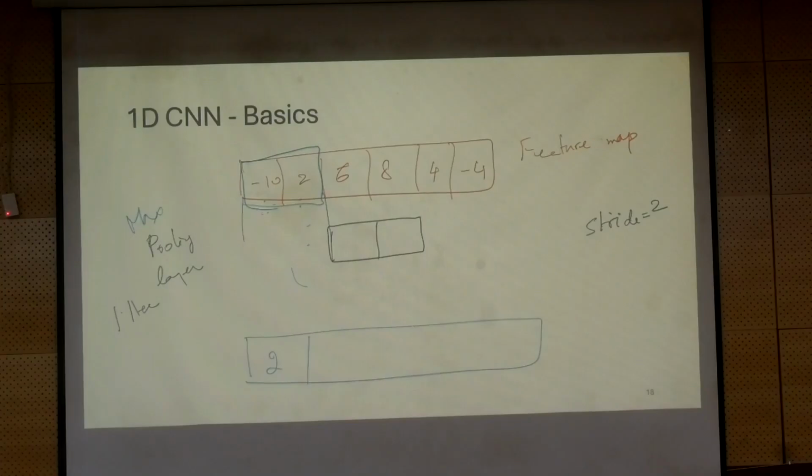So I want you to understand what stride equal to 2 is: your filter has moved by 2 samples. Again you will do the maximum operation. Between these 2, what is the maximum? 6 and 8, 8. So 8 will be your output. Then again stride 2. Max of 4 and -4 is 4.